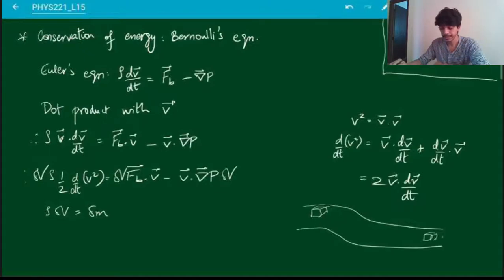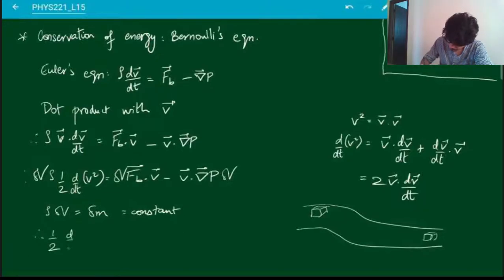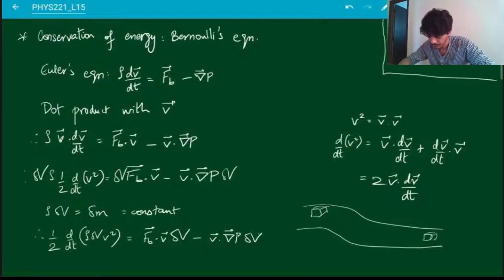So this dm is a constant. So I can pull it inside the derivative. So I get half d by dt of dm v square. Let's call this thing equation 1.